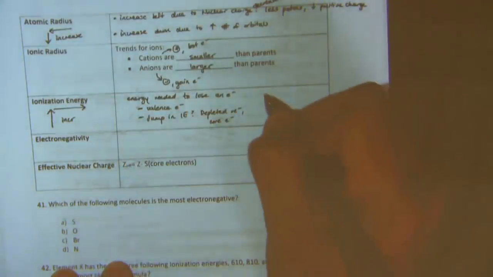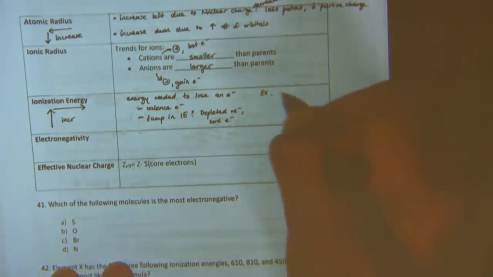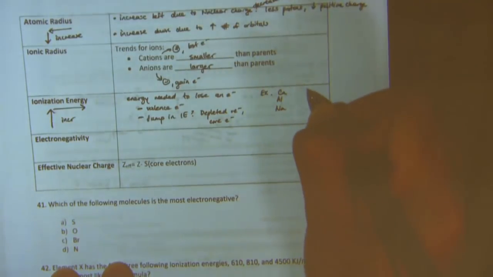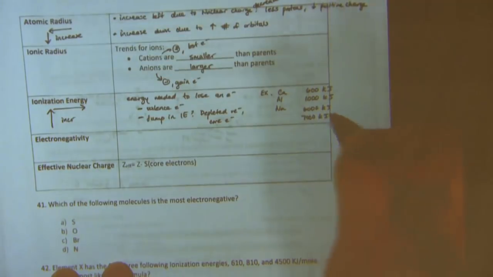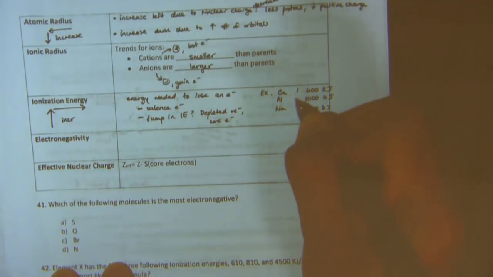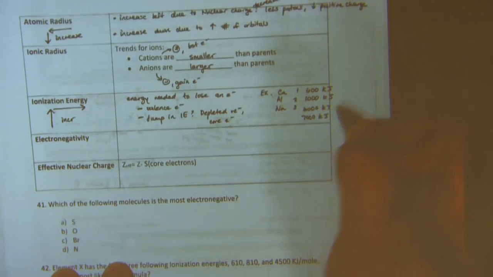So for example, if we were given the options of calcium, aluminum, and sodium, and we were given these particular ionization energies, we would just look for the one that had the biggest jump, okay? In which case that would be from the second ionization energy to the third. It was about a jump of like 5,000, right?